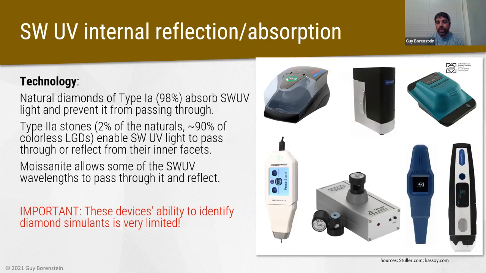On the other hand, type 2A stones, that are just 2% of the naturals but 90+% of the colorless LGDs, will allow the light to move through them as if it was a transparent material. So these machines are actually testing to see whether the light can move through the gem.